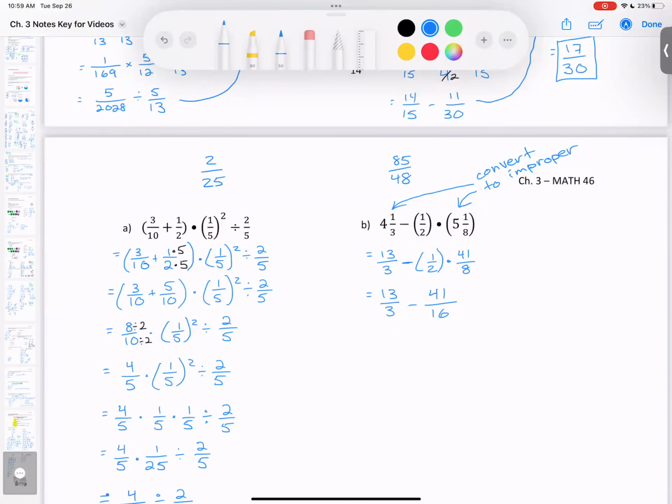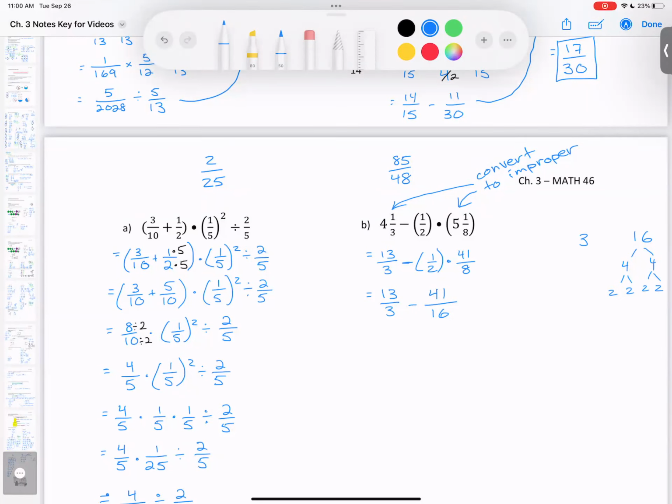Okay, now we've got to subtract. And we've got 2 unlike denominators. So we've got a 3 and a 16. Let's do this using the tree method. So 3 is already prime. 16 is 2 times 2 times 2 times 2.